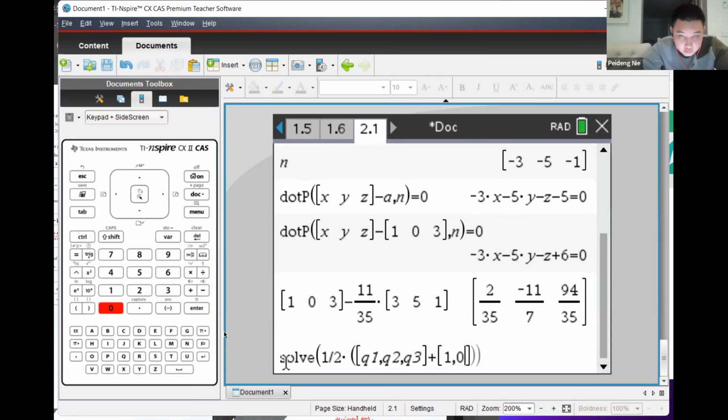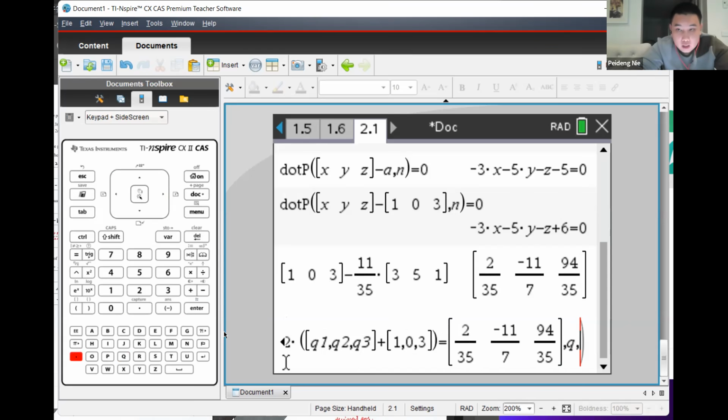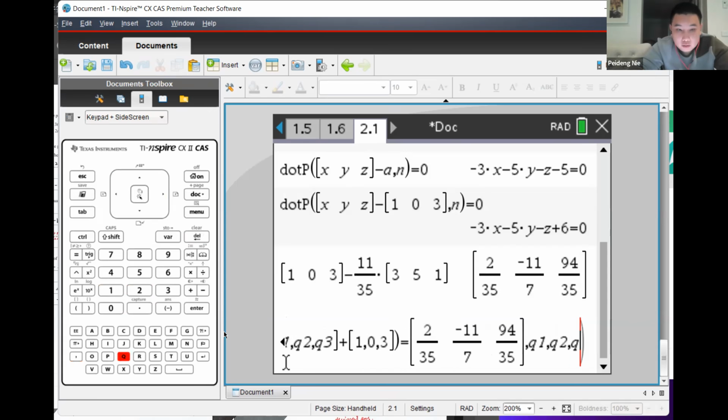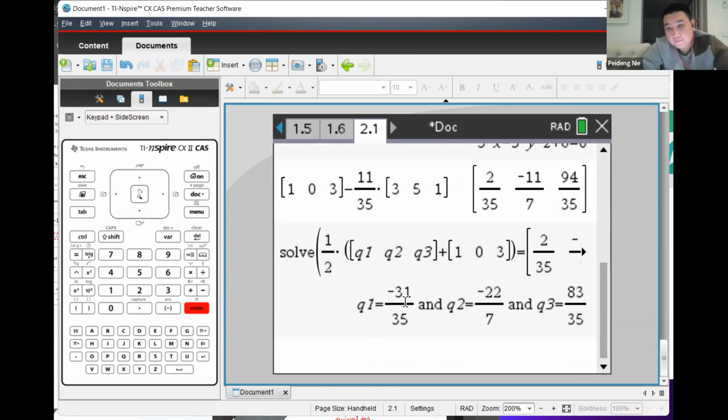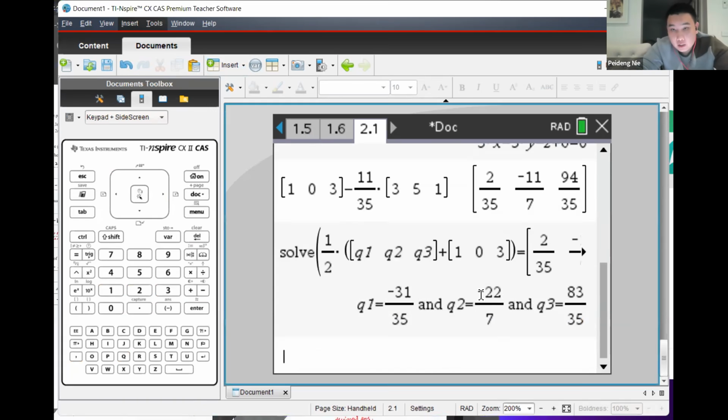Point P is (1, 0, 3), equals the midpoint M. Yep, I should get three coordinates for that intended reflection point Q, which is minus 31 over 35, minus 22 over 7, and 83 over 35. So that's it. I'll finish off writing the last part of this question.